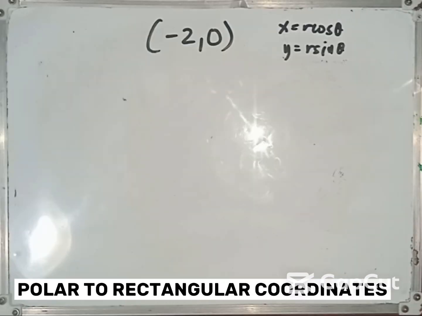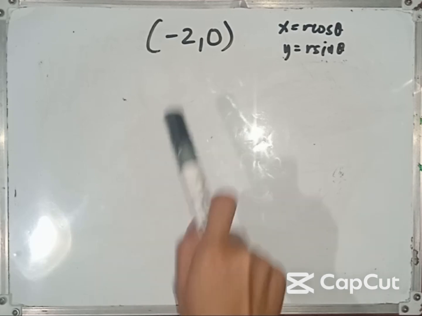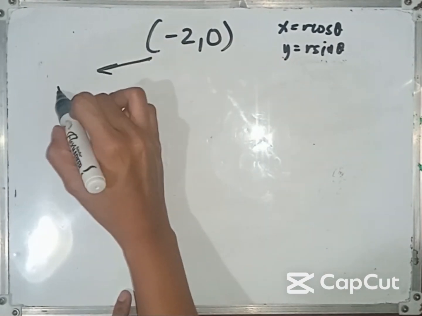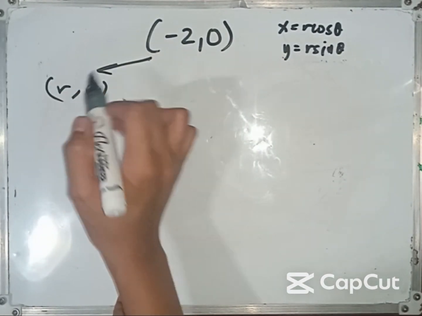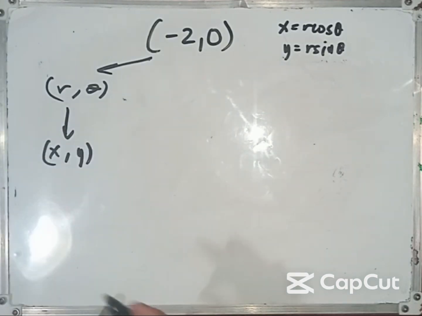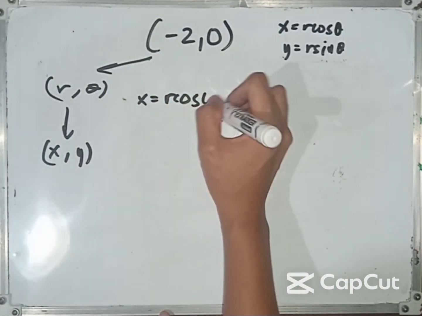Let us have another example. We have here negative 2, 0. It is in polar form, so this is in r theta form, and let's convert it into x and y, the rectangular form. Given the formula, x is equal to r cosine theta.